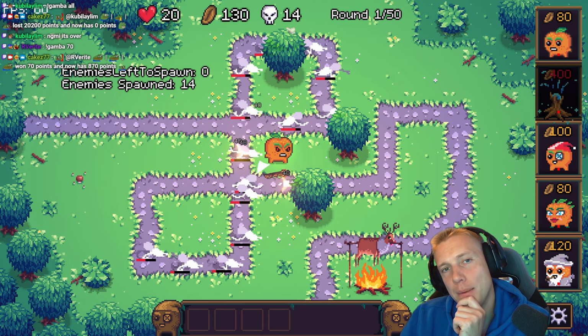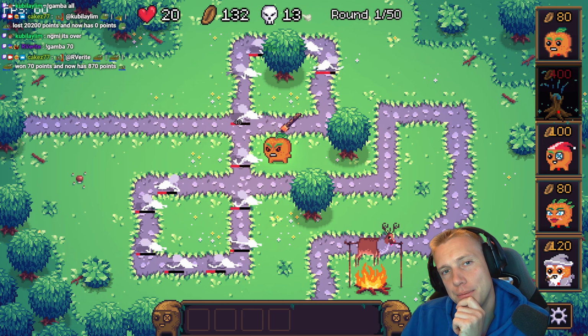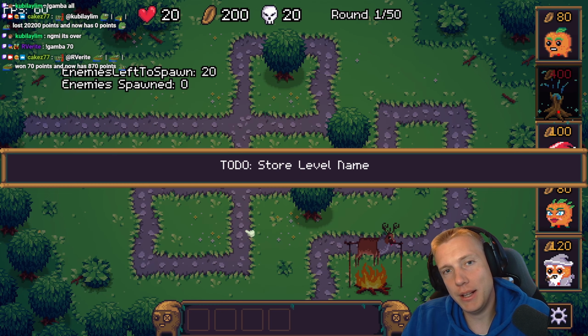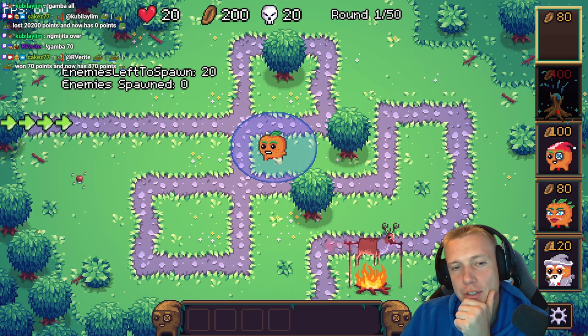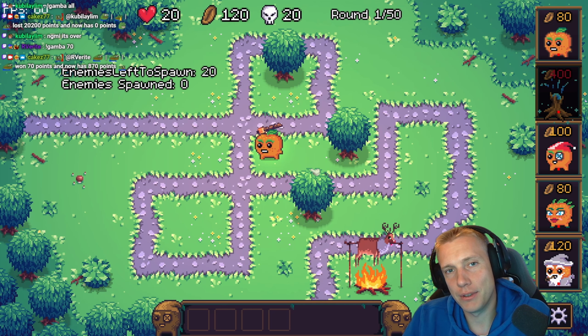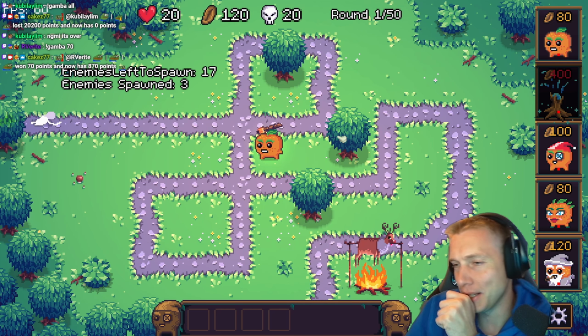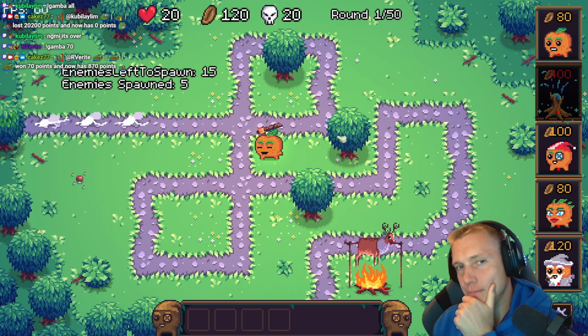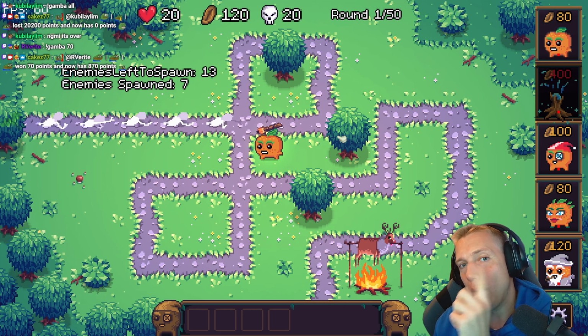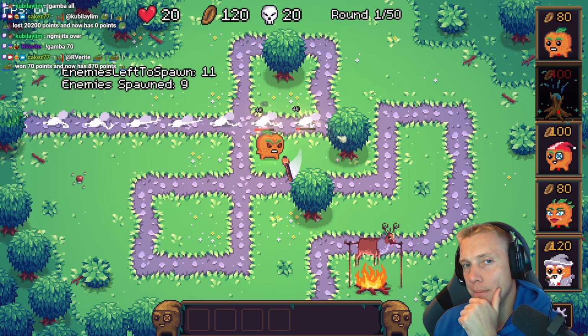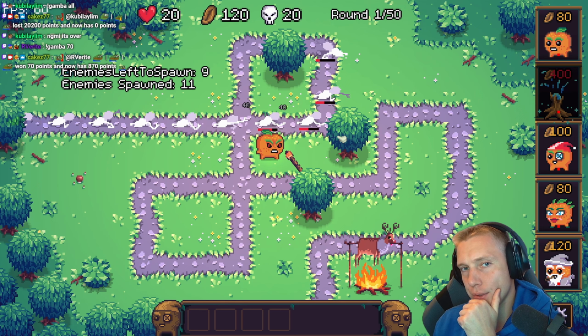Sometimes when it spawns an enemy, then it's disconnected. Yeah, it flickers a little bit. But it's perfect now. For like 1 frame, it displays a different number. I wonder what that number is.